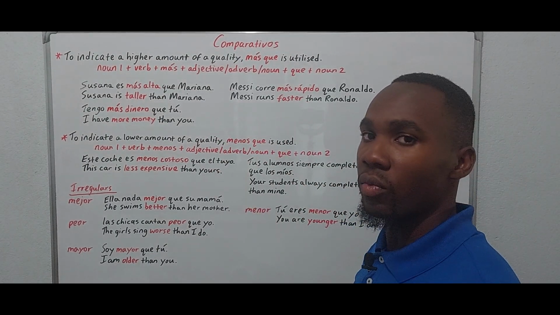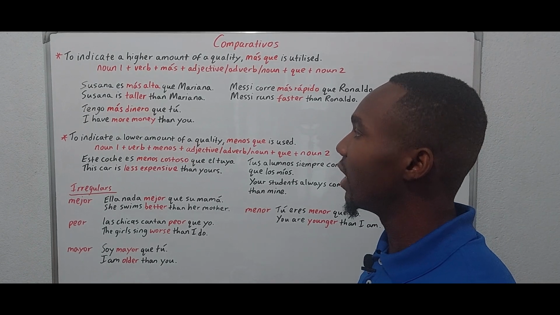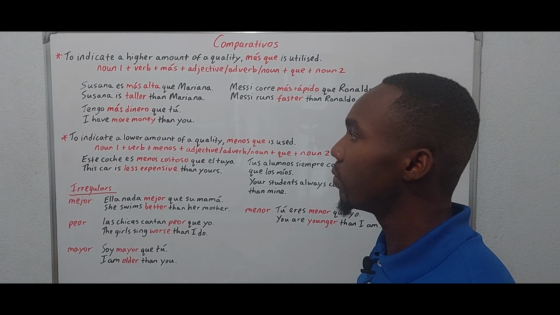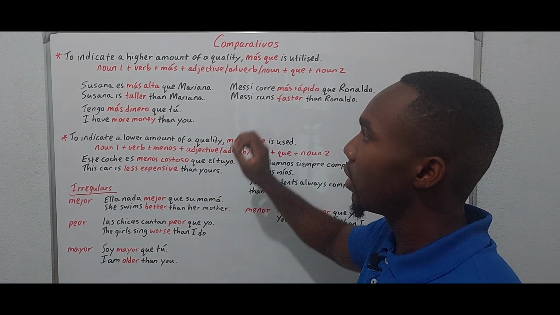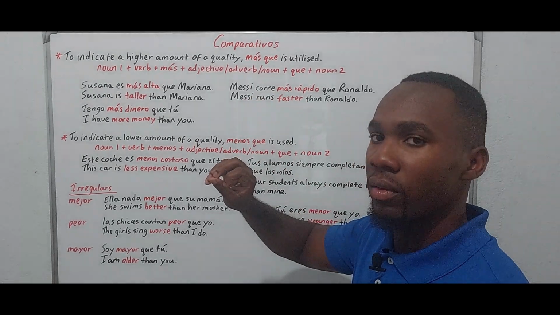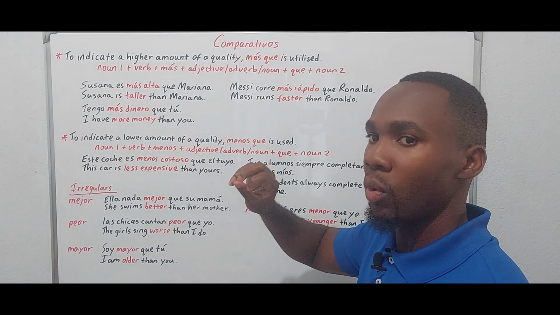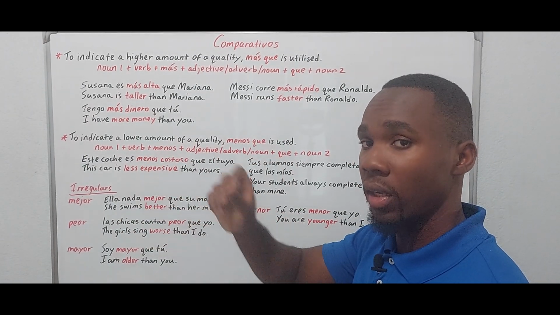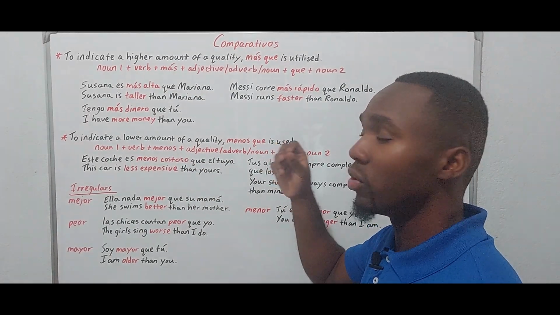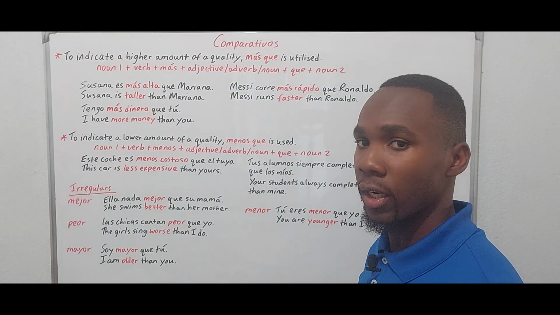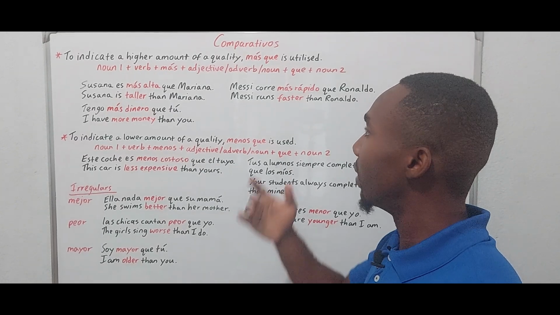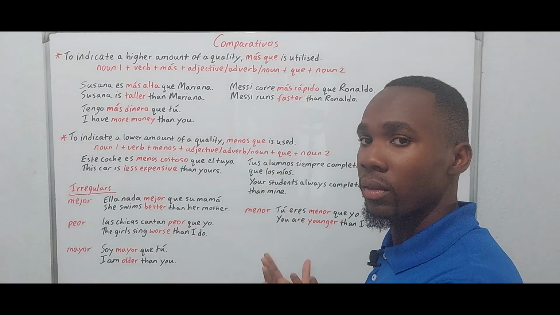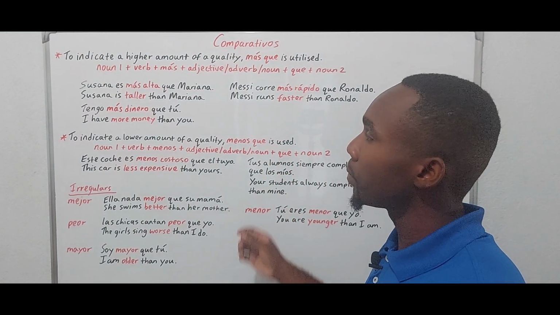What if we have a noun? Tengo más dinero que tú. I have more money than you. So as you see, if we want to compare two entities, and we want to say that one has a greater amount of that quality than the other, we simply use más que, right? Más followed by an adjective, adverb, or noun, and then que, the second entity, right?